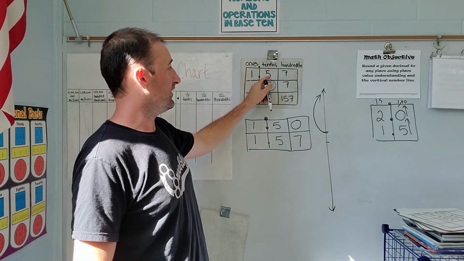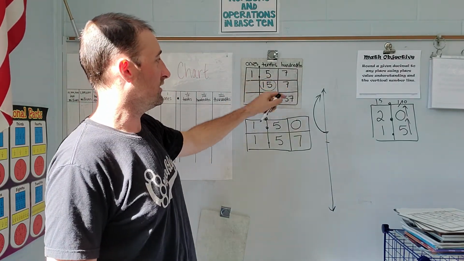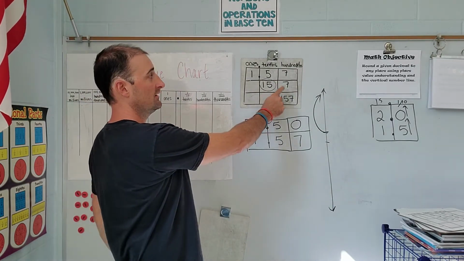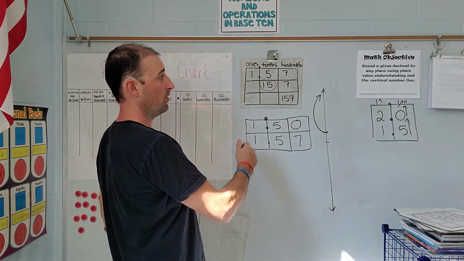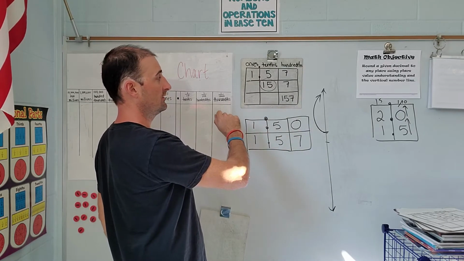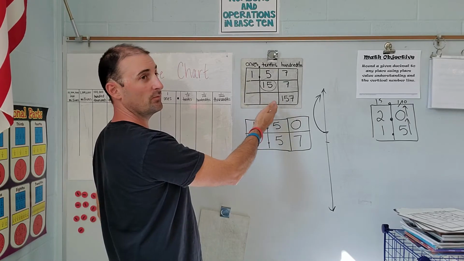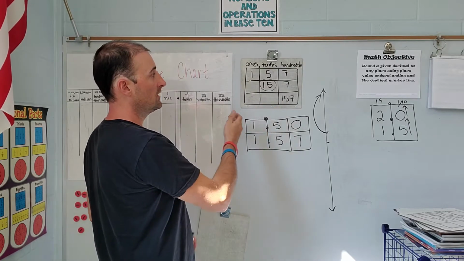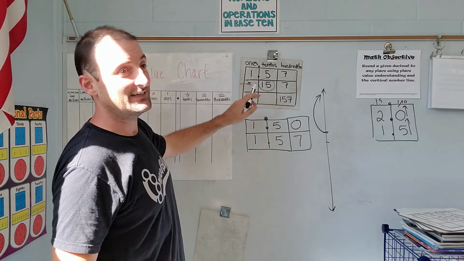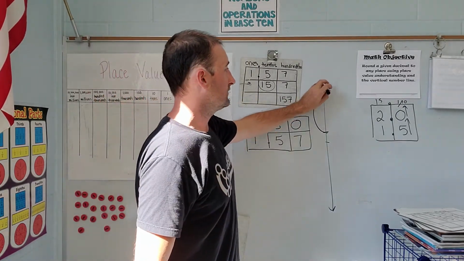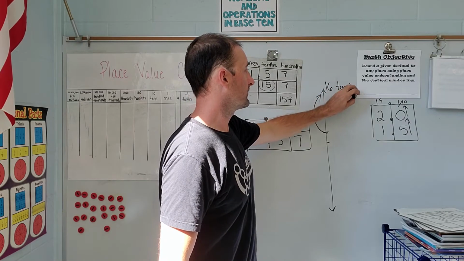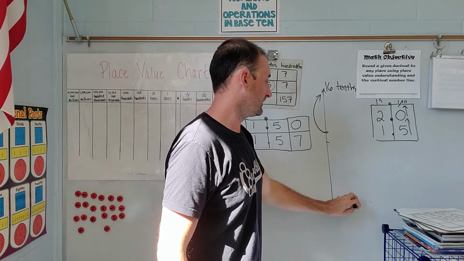Because 1.57 or 1 and 57 hundredths can also be named 15 tenths and 7 hundredths, or it can be just called 157 hundredths. These are 3 different ways to show this number. But this particular decomposition tells us it's going to be between 15 and 16 tenths. So the larger number goes up here, 16 tenths and 15 tenths.